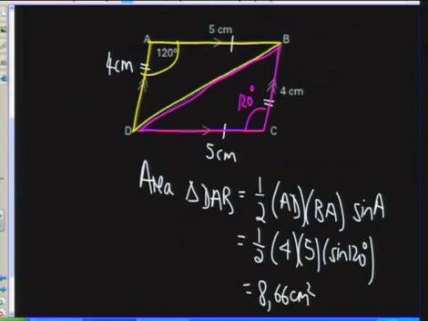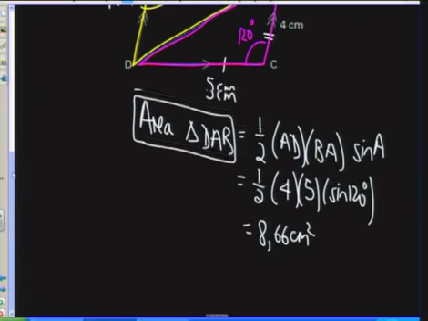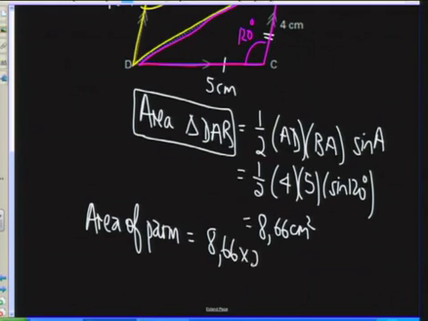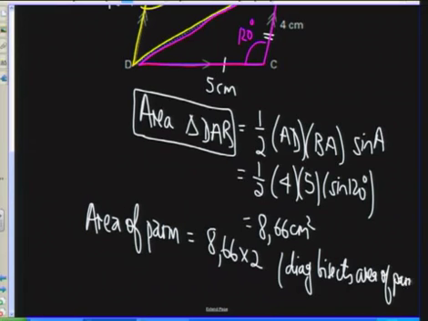Now, that would be the area of the yellow. But we actually want the area of the whole parallelogram. So the area of the parallelogram would be the area of the triangle times 2, because the diagonal bisects the area of the parallelogram.